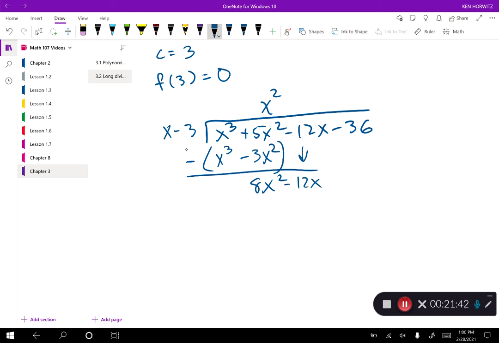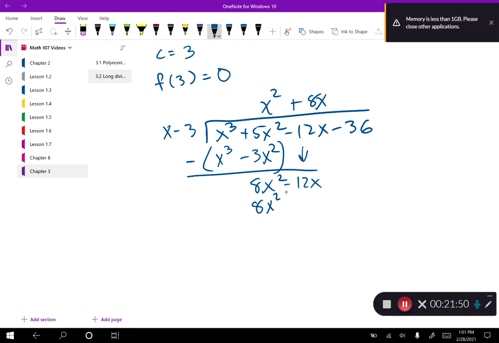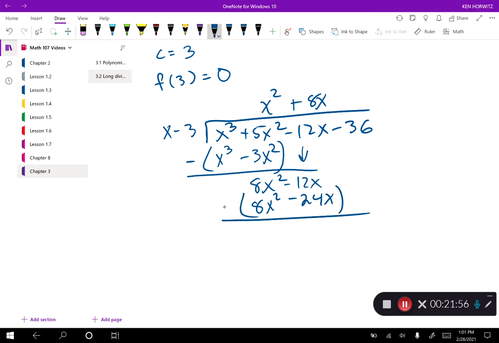X goes into 8x squared, positive 8x times. So that's 8x squared minus 24x, parentheses, subtract, and I wind up with a positive 12x minus 36.